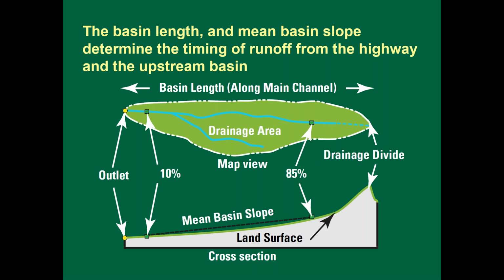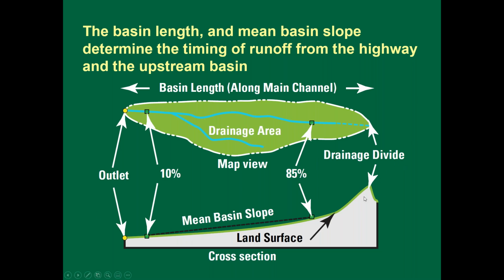The mean basin slope, also known as the main channel slope, is the average slope of the main channel of the stream upstream from the point of interest. The mean basin slope selected for SELDM is known as the 10-85 slope because it's calculated by determining the locations and elevations of points at 10 and 85% along the main channel from the point of interest to the basin divide, then dividing the difference in elevations in feet by the distance in miles between these points.